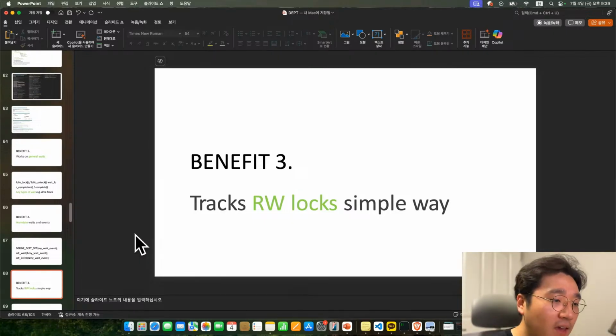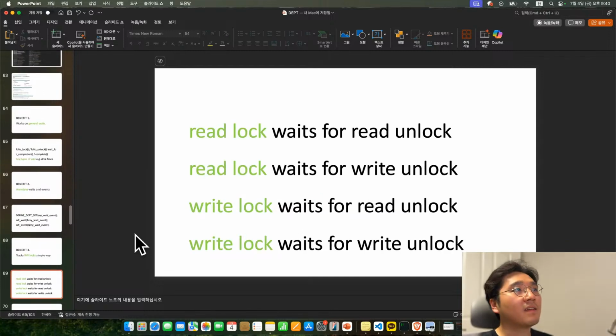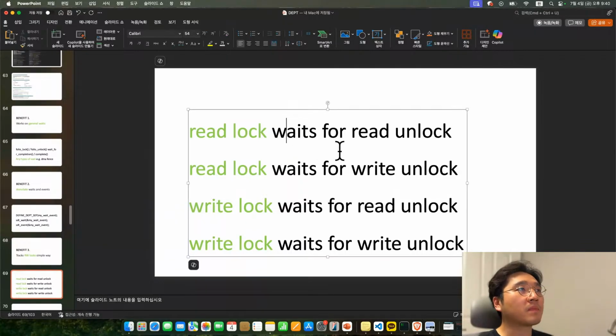I need to explain what RW locks are, right? You need to see the great advantage of RW locks. RW locks have a read lock and a write lock, right?